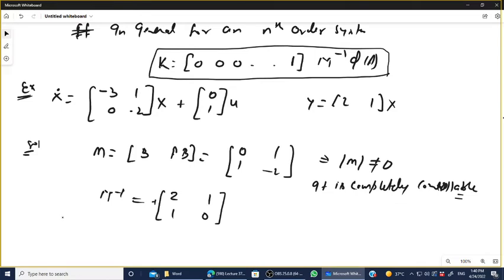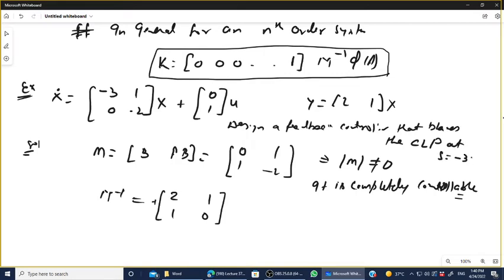Your specification is given: design a feedback controller that places the closed loop poles at s equals minus 3 plus minus 3j.